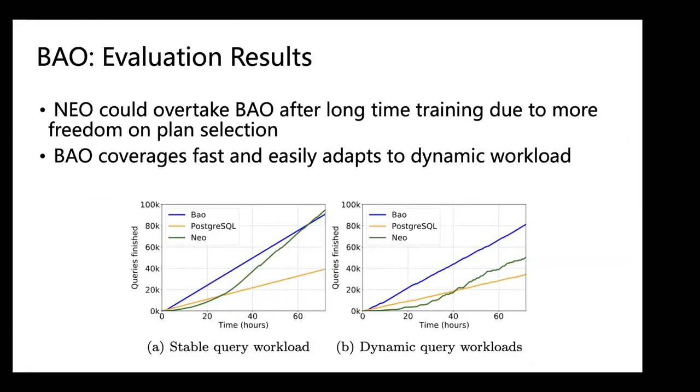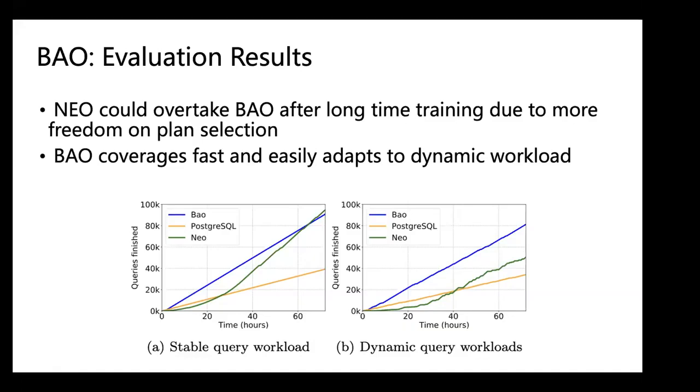So its search space, or we call it freedom, is not as large as Neo. Neo can generate any plan if it is valid, but BAO, it can use only tuning hint sets, so it cannot touch some plans sometimes. So its performance ceiling is a bit lower than Neo if Neo is trained a very, very long time. But BAO also converges fast and easily adapts to dynamic workloads because its training space is much smaller.